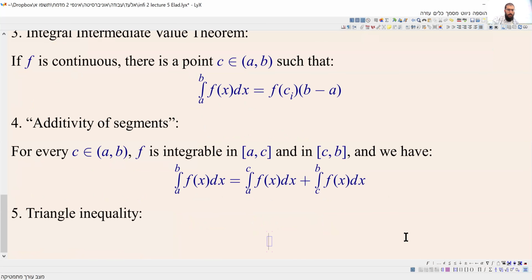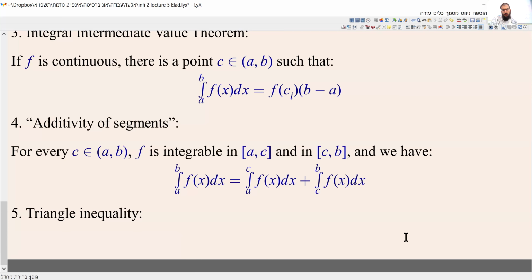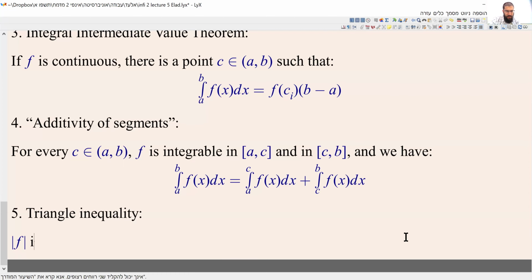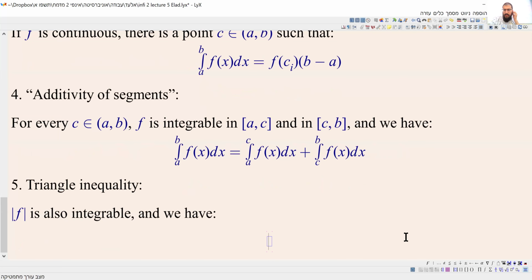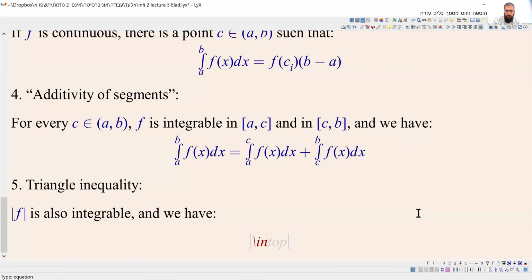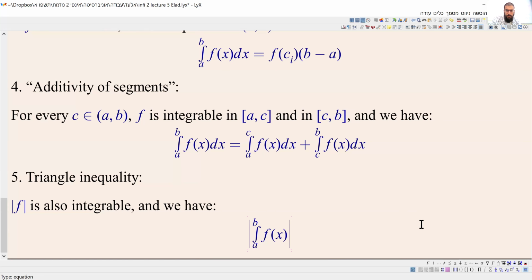Remember, f is integrable in the segment AB.